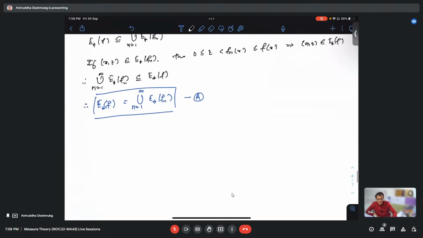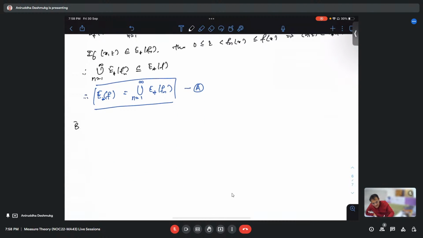Okay, now let us look at result B. We have been using functions from X to 0 infinity. Let these be measurable simple functions. Or maybe we don't require a sequence here, just S, a measurable simple function.